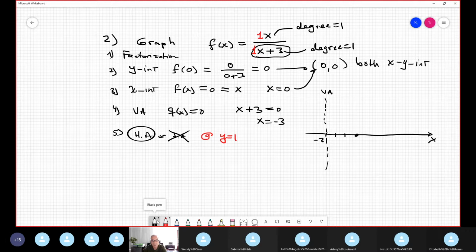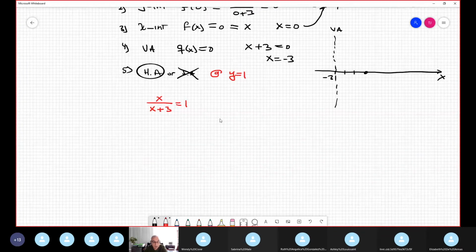Quickly, I want to verify whether the curve crosses the horizontal asymptote. The easy way is to take the original equation, x over x plus 3, and set it equal to 1, the value of the horizontal asymptote.